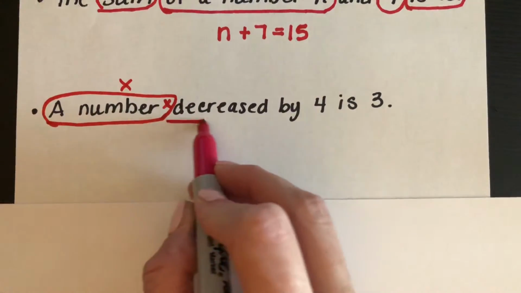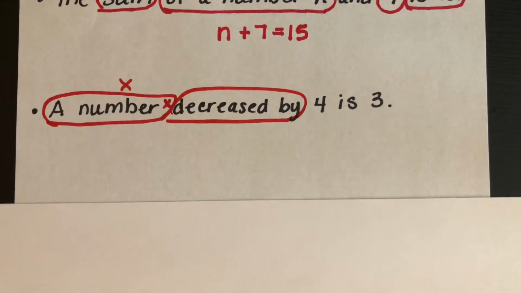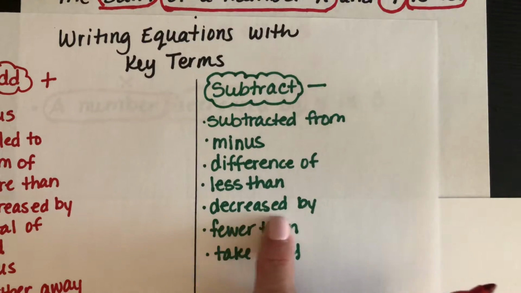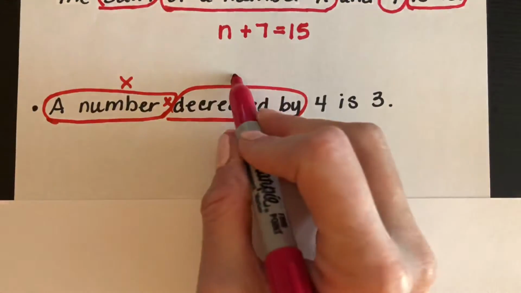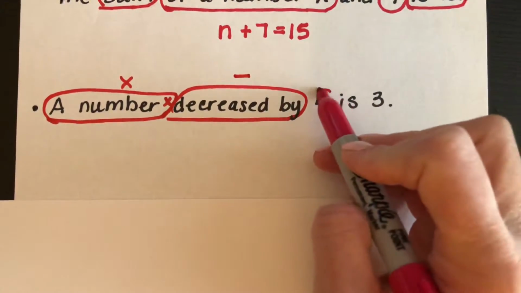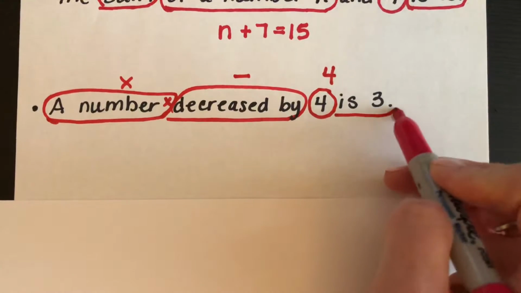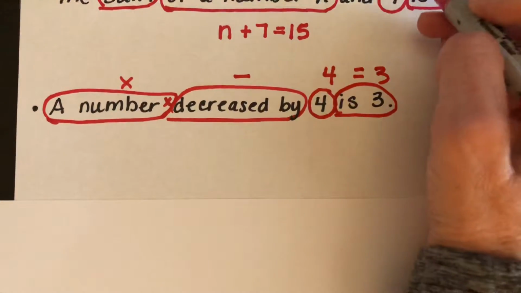So a number x, decreased by, if I look at my key terms, I know that decreased by falls right here in subtraction. So I know I'm going to subtract by 4 is 3. So I know that means equals 3.